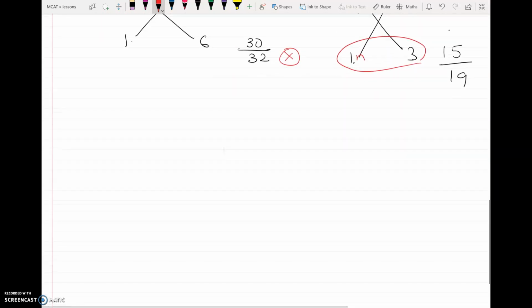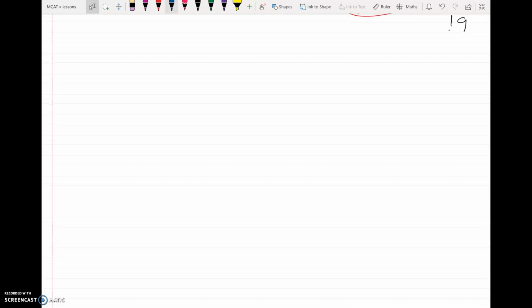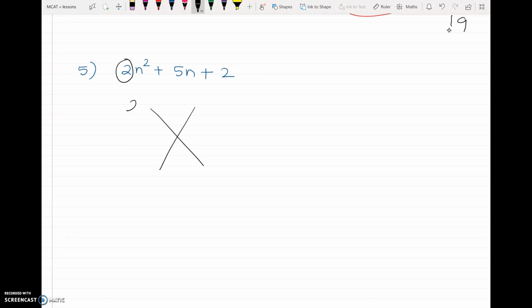Let's do one last example. 2n squared plus 5n plus 2. Draw your cross, write multiples of 2, and multiples of 2 on the other side. So 2 times 2 is 4, 1 times 1 is 1, and I'm doing cross multiplication.